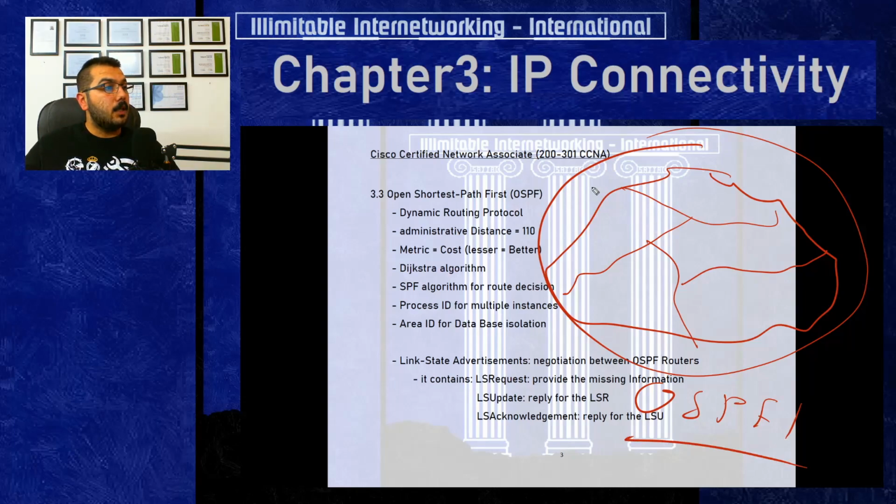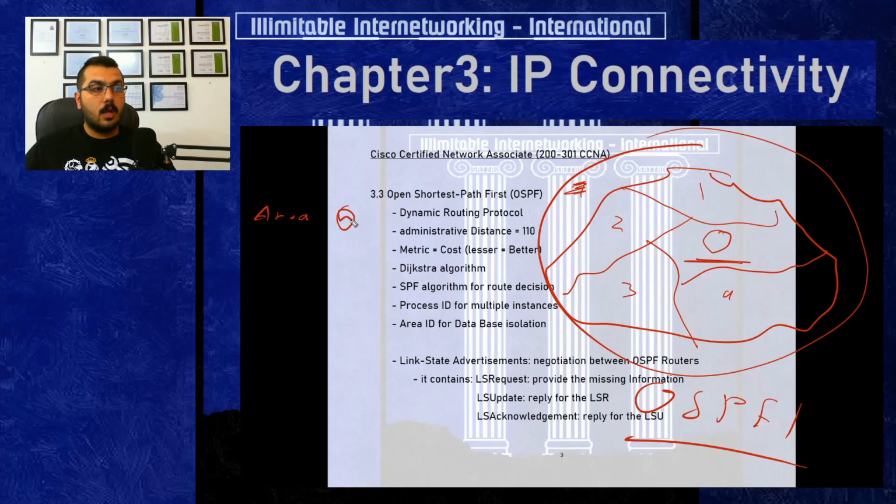But each one of them may be in a different area. Maybe this is area 1, this is area 2, 3, 4, but the most important is something called area 0.